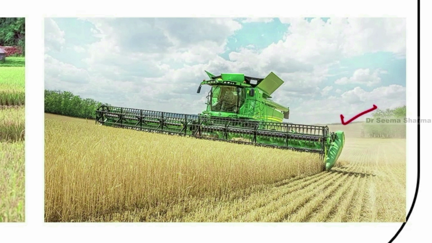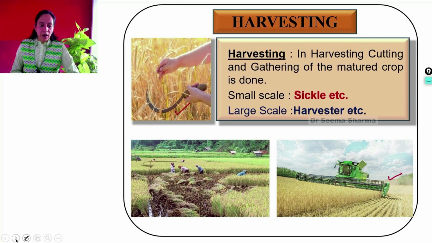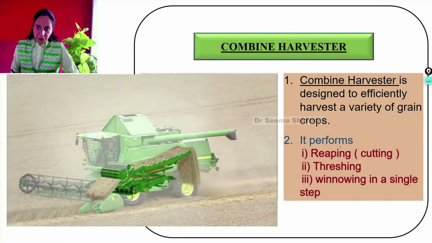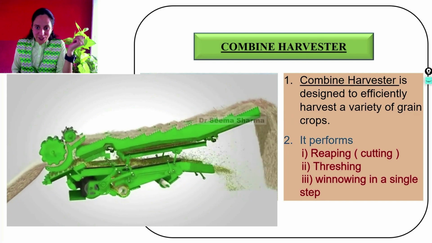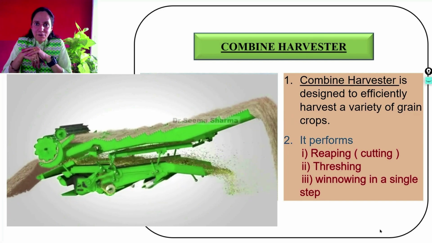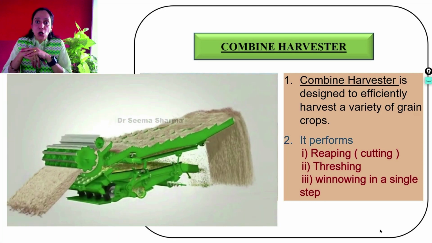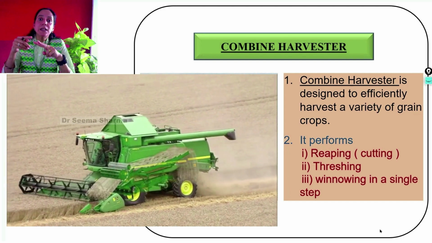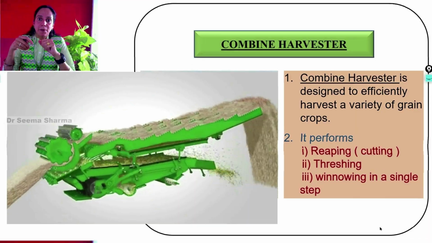Now harvesters are also of different types, and we have one harvester which is called the combine harvester. This giant machine is the combine harvester. A combine harvester is a specially designed machine which not only helps in harvesting the crop but also helps in threshing and winnowing in a single step. So now students, we have seen harvesting.